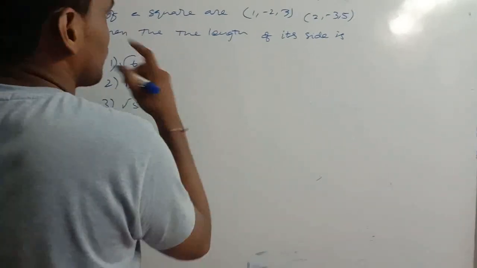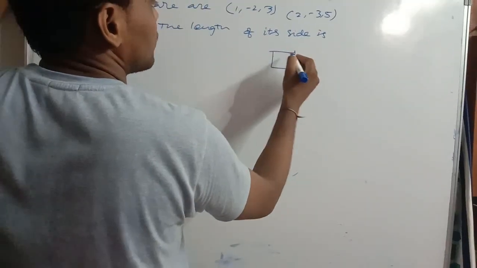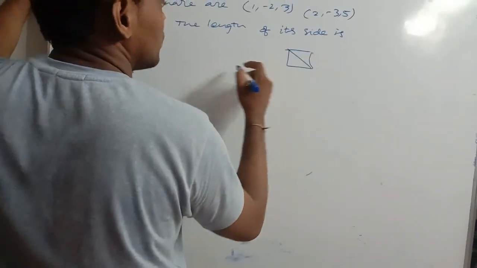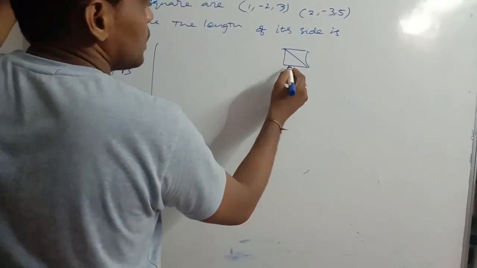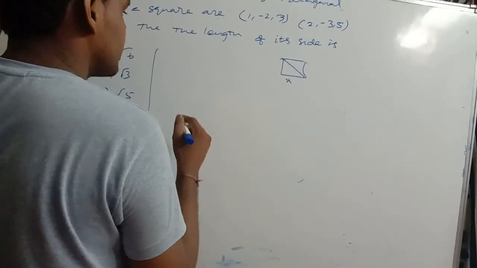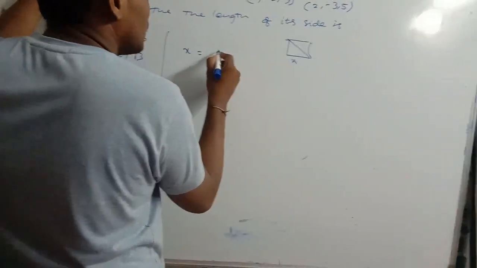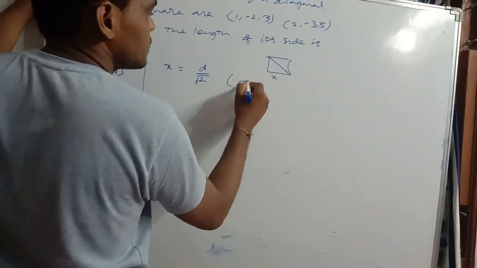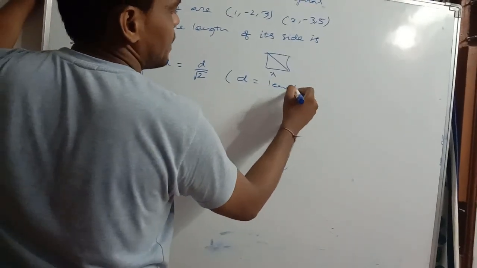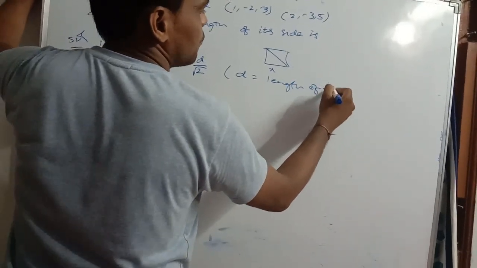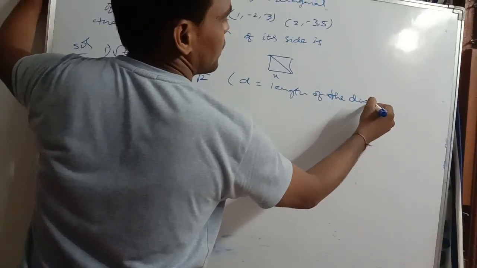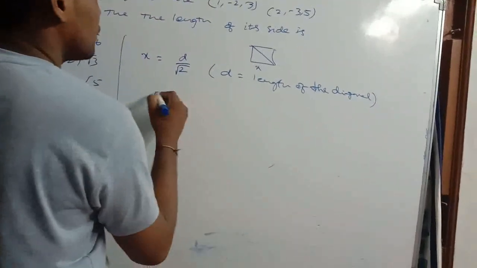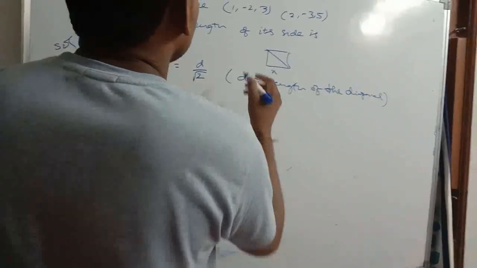Now this is a square. The side of the square is x is equal to the length of the diagonal d by root 2, where d is the length of the diagonal. What is the length of the diagonal?